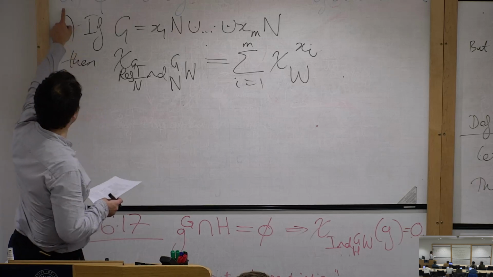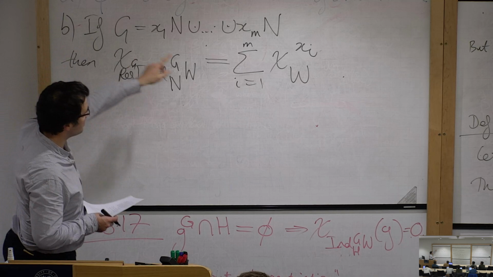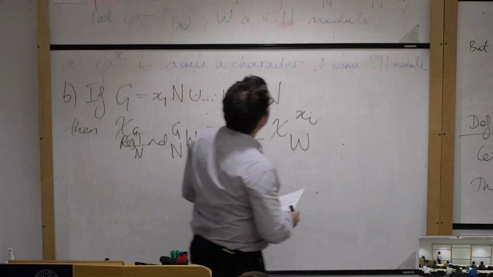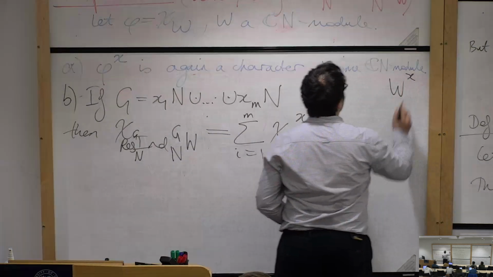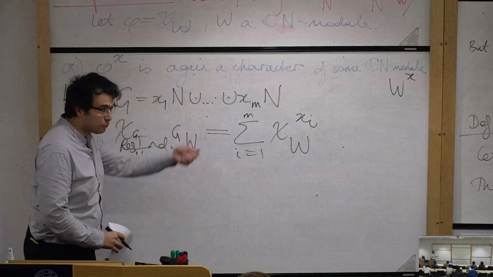So maybe briefly, why is A true? What is this? A twisted module, you just precompose, right?